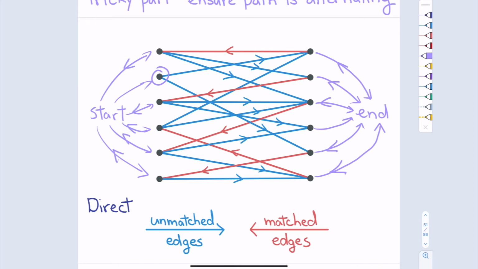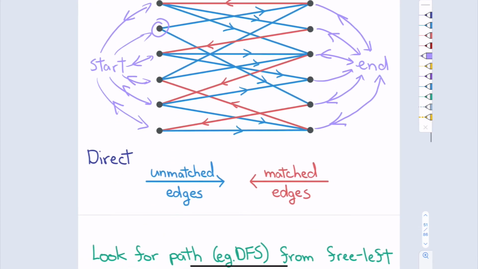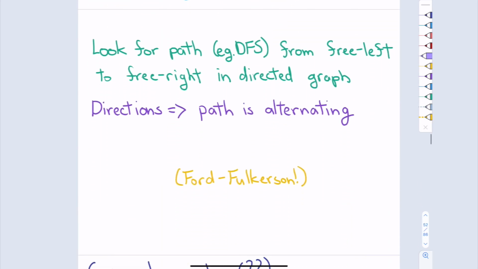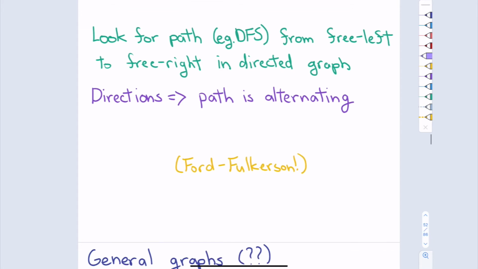But the key point is that to automate the search, I would want to direct the unmatched edges in one direction and the matched edges in the other. That'll prevent me from, in my search algorithm, going unmatched, unmatched. So by choosing directions, I can force the path I find to be alternating. Alright, so fine. The directions will let us do alternating paths.